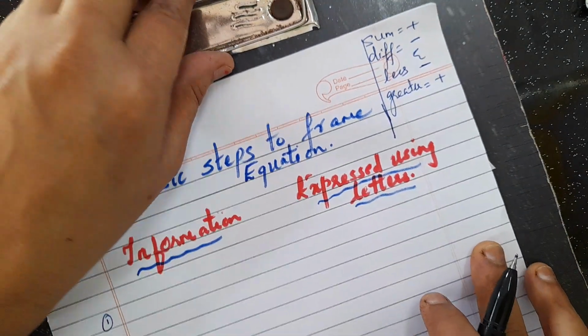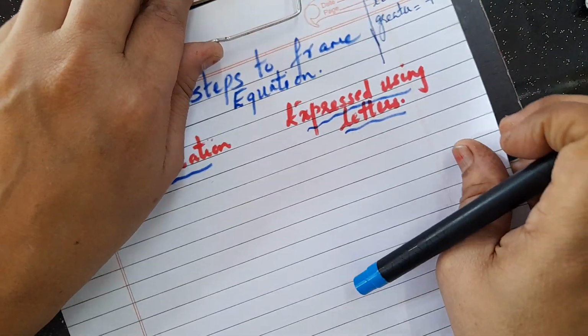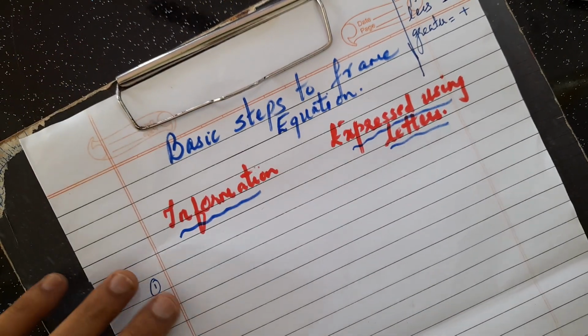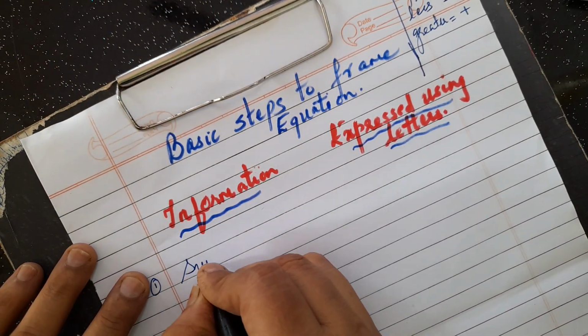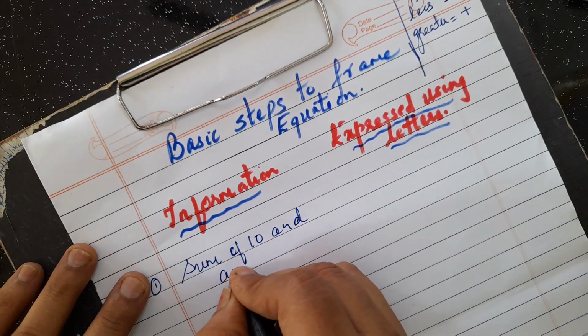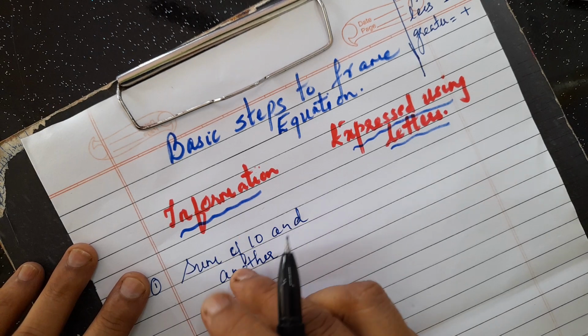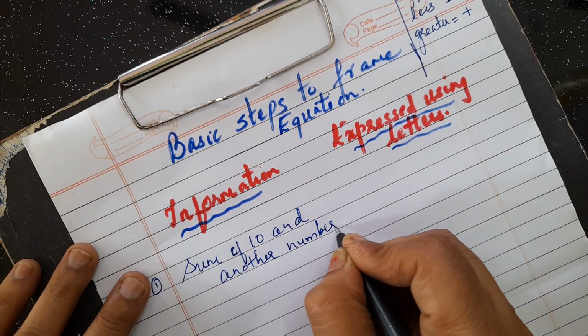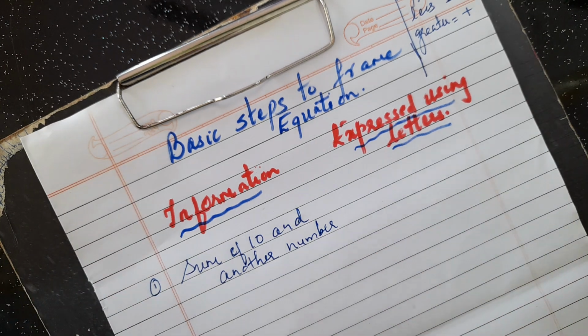Okay. Now let us see some statements. Suppose we have the sum of 10 and another number. If we have this type of statement, then how will we express it in letters? Children, sum means plus.